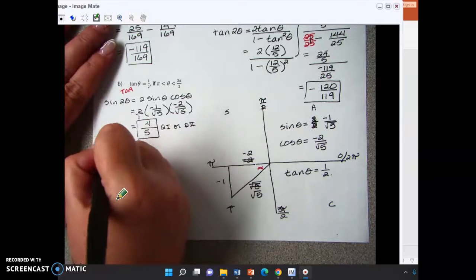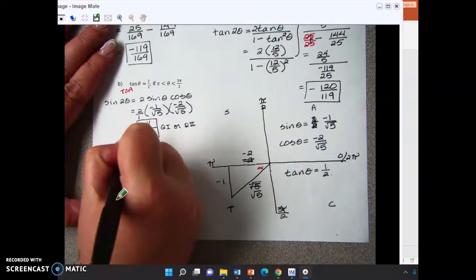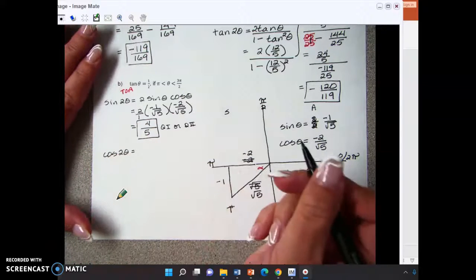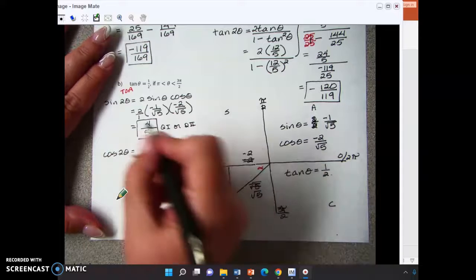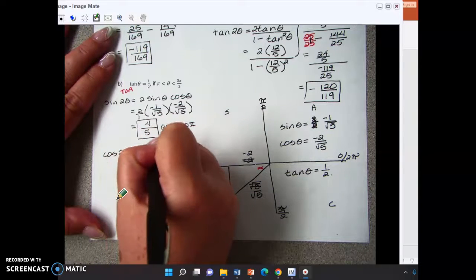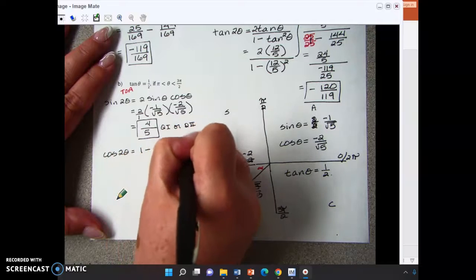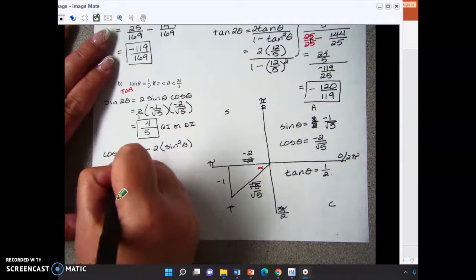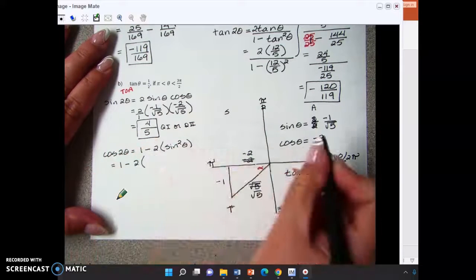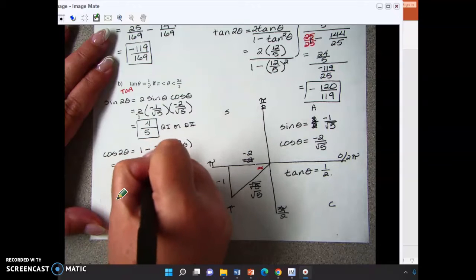Okay? So if I do cosine of 2 theta, I can pick either of the formulas. So I'm going to go with, let's do 1 minus 2 times the sine squared of theta. So that means I have 1 minus 2 times negative 1 over root 5 squared.